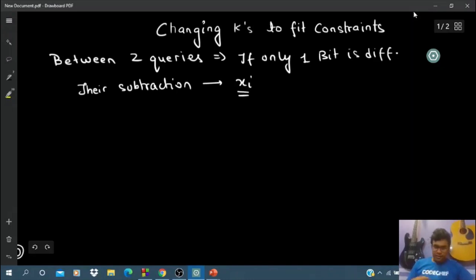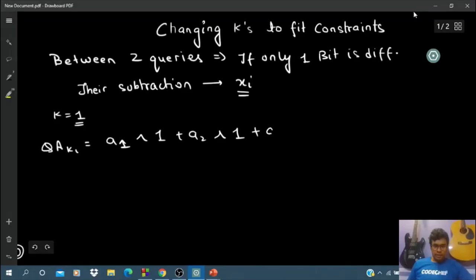Okay, so let's expand this. Let's talk about the next biggest number that we can give, and that is k equal to 1. So what happens now? Our answer QA of k1 will be a1 XOR 1 plus a2 XOR 1 plus a3 XOR 1 and so on till an XOR 1. And as we talked about, when we XOR with 1, the number of bits that will be set will be the number of zeros that were here.